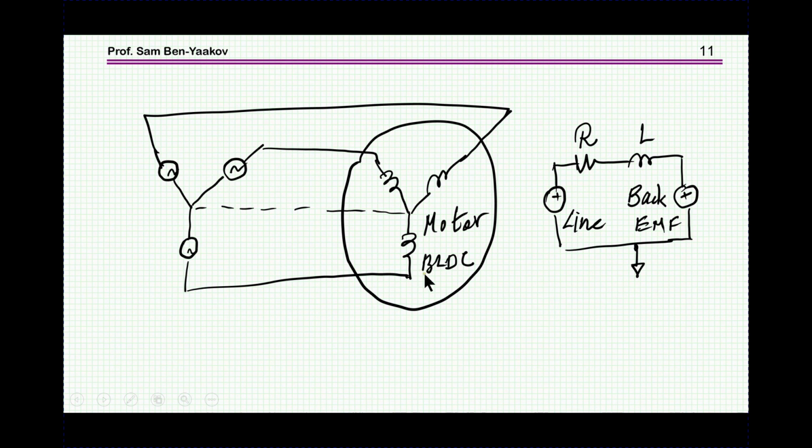These are the phases, and here is actually the equivalent of the inverter. This is the source feeding the motor. Now I can actually separate here, I'm showing here also a star, so due to symmetry, this point and this point are the same, so I can have a look now at one of the phases here.